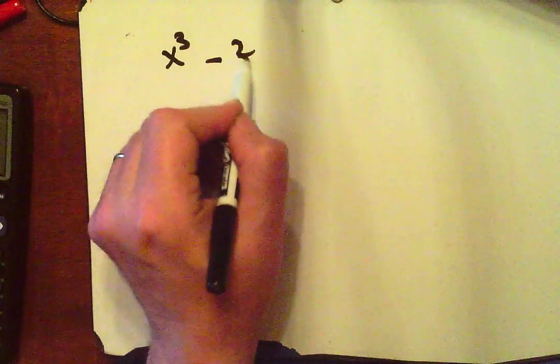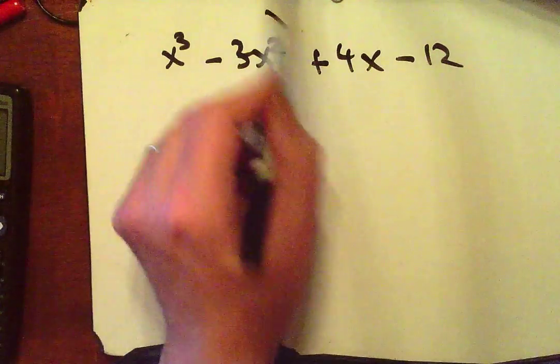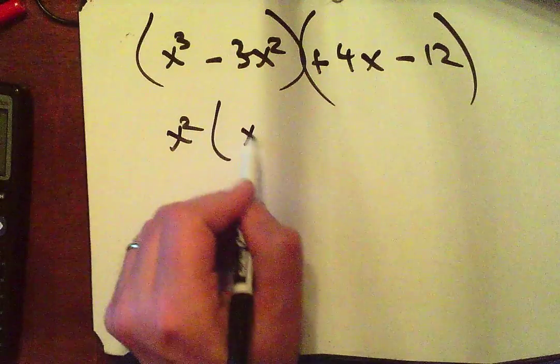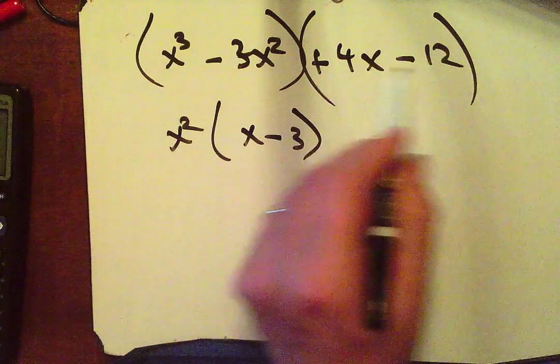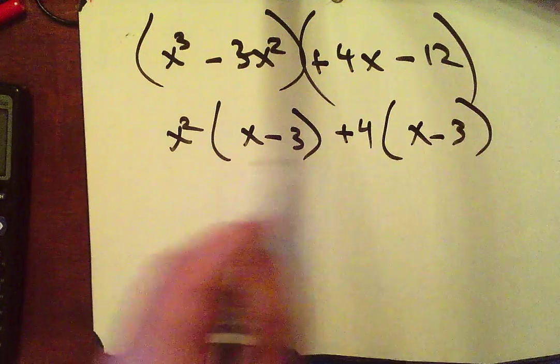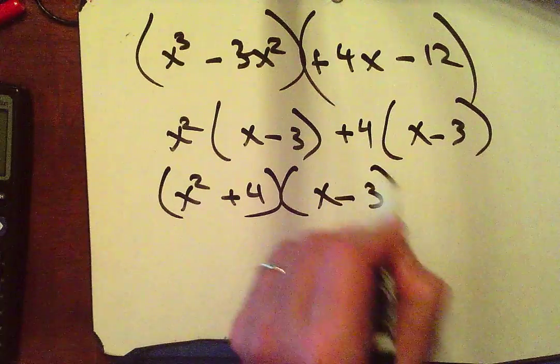And then this last one, it looks like another factor by grouping, x to the third minus 3x squared plus 4x minus 12. So I can take out an x squared here, and I'm left with x minus 3. Here I can take out a positive 4 and be left with x minus 3. Get x squared plus 4 times x minus 3.